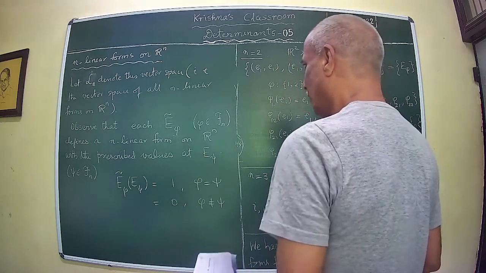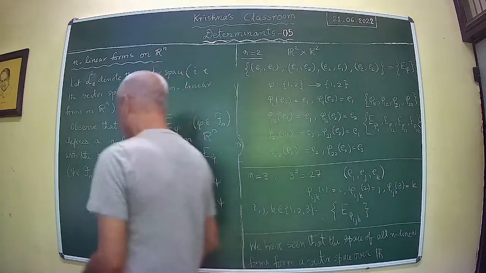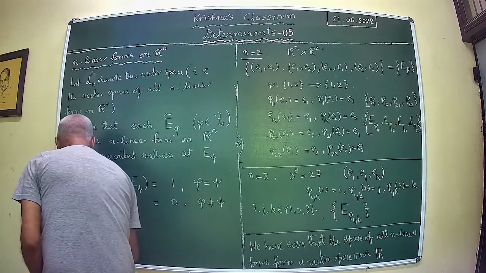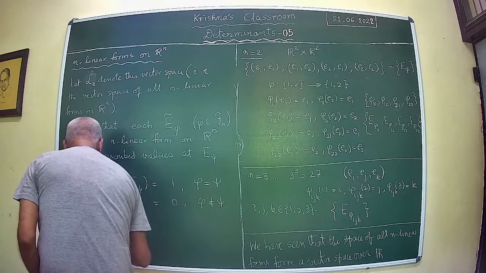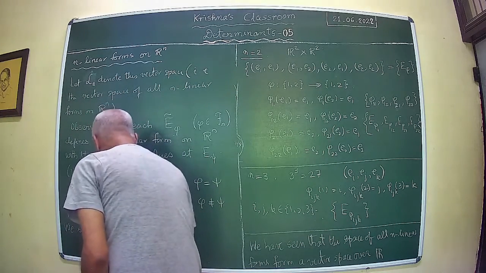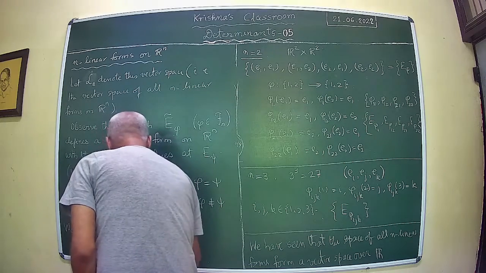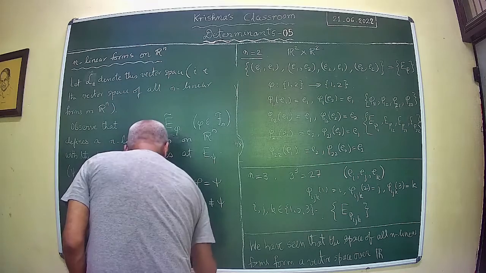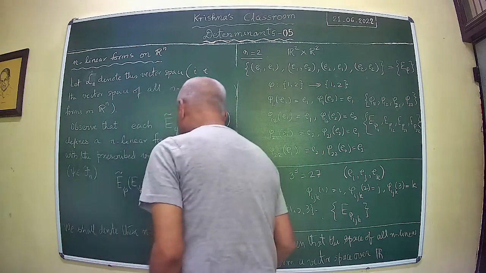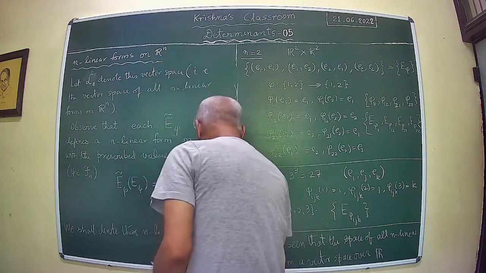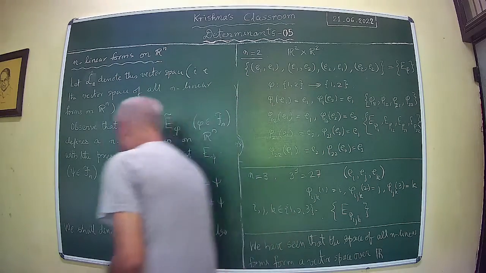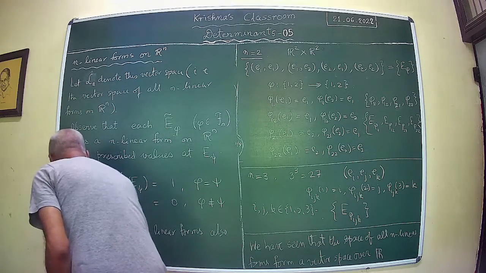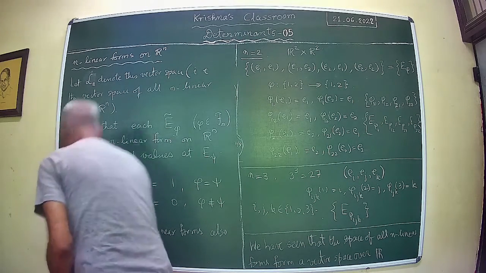Therefore, every E phi tilde can be considered these n-linear forms also by E tilde phi.